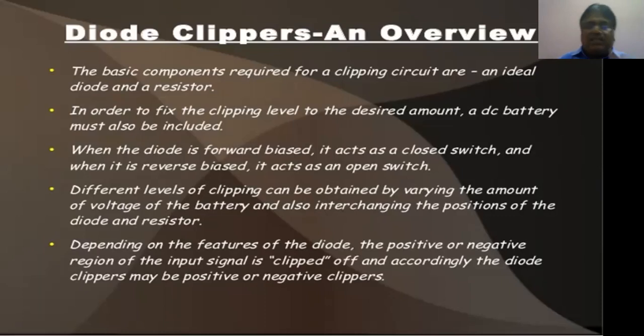Series clippers and parallel clippers: what is the difference? Only the connections of the two components, diode and resistor, are very, very important. Depending on the features of the diode, the positive or negative region of the input signal is clipped off, and according to the diode, clippers may be positive or negative clippers. These are the basic points of the clipping circuit.